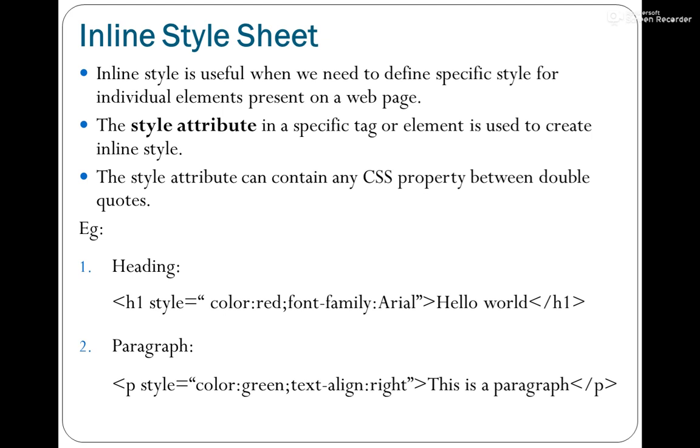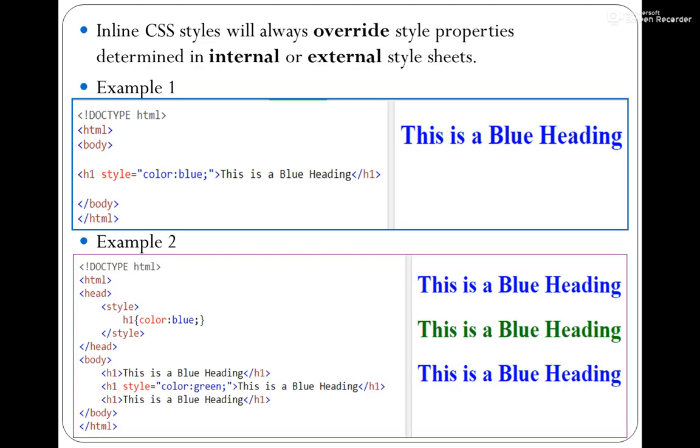Color has the value green and text align right. So this is a paragraph. You can see this paragraph will have a text color of green, and it will be aligned to the rightmost part of the web browser, right? We will see a few examples of this inline style sheet as well.